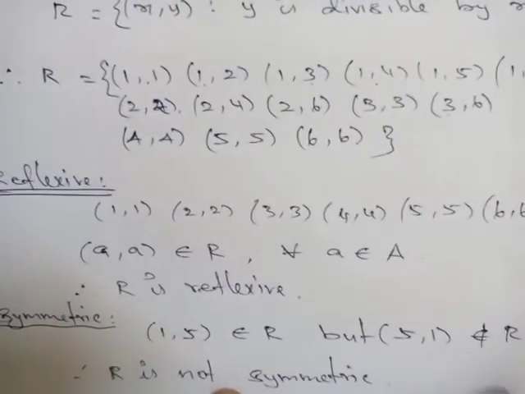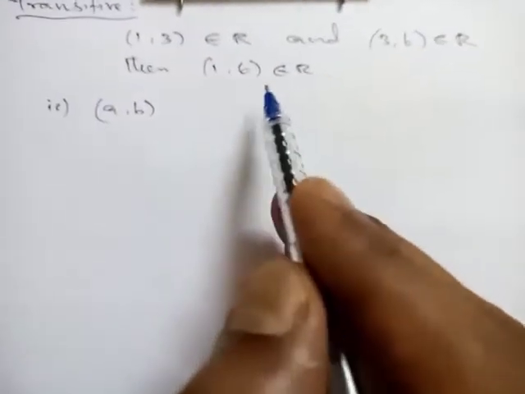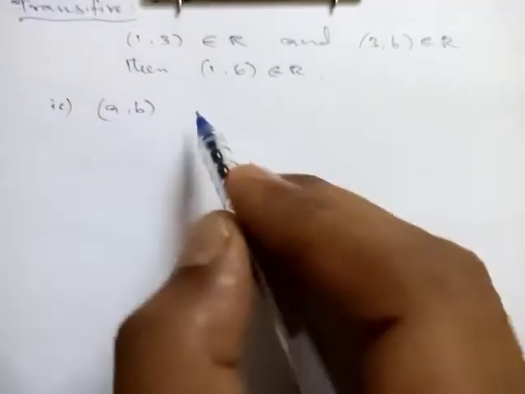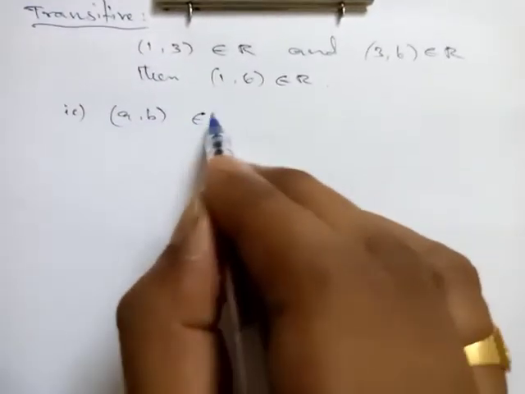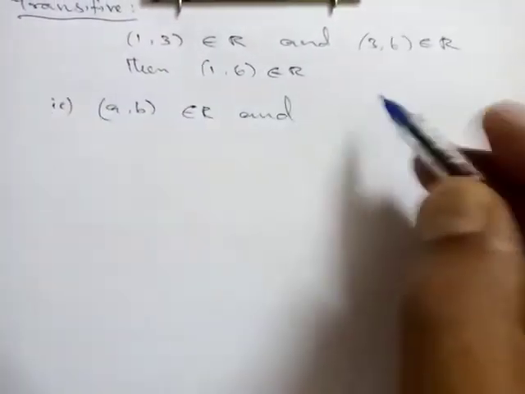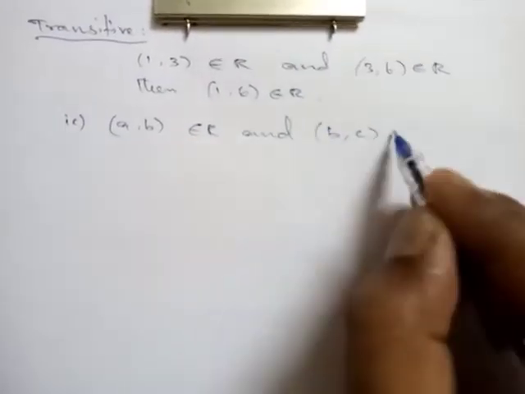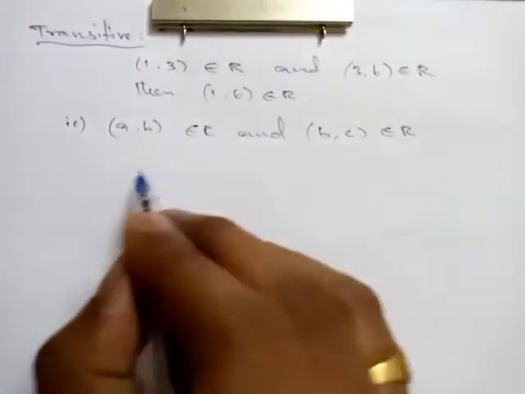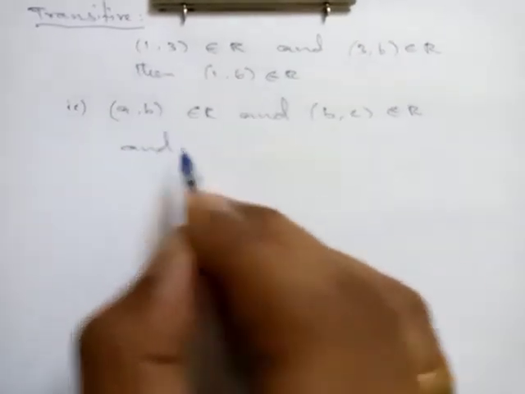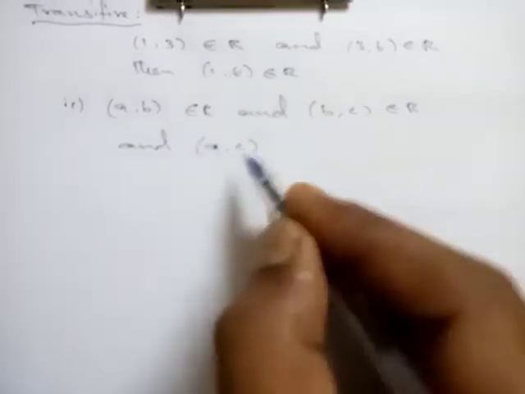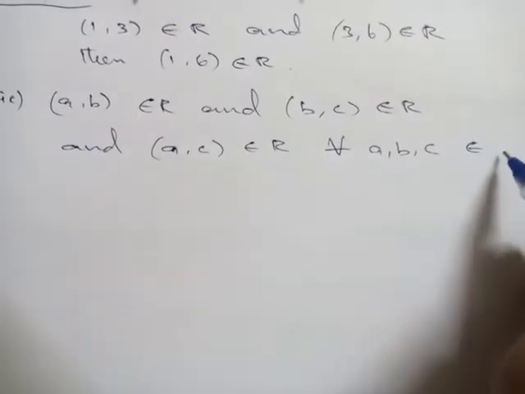So how to write this? For example, I write (1, 3) belongs to R, (3, 6) belongs to R, and then (1, 6) belongs to R. But actually from the definition, (a, b) belongs to R and (b, c) belongs to R, and (a, c) also belongs to R for all a, b, c.